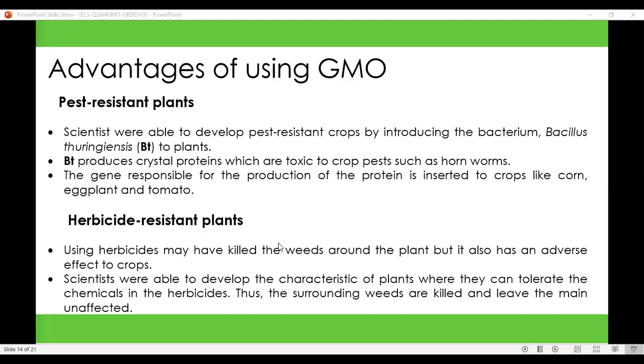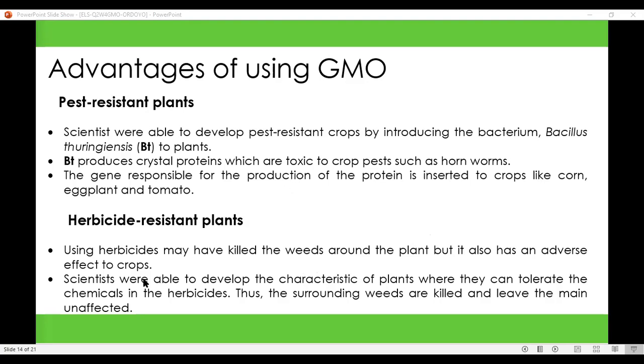So these organisms are also known as BT eggplant, BT corn, and BT tomato. They have BT in their names because of the crystal protein inserted from the bacterium Bacillus thuringiensis, which these crops now have the ability to produce their own crystal that is toxic to some pests.